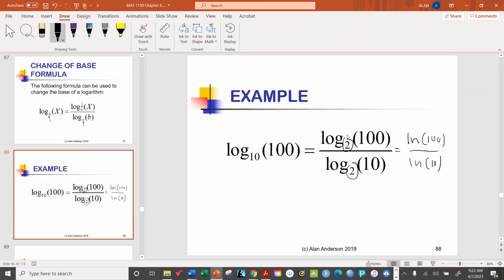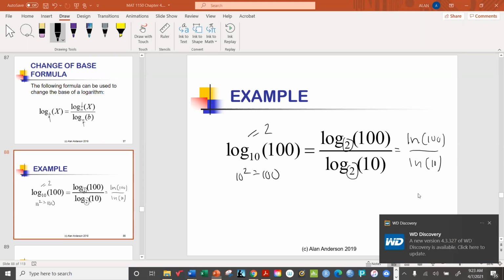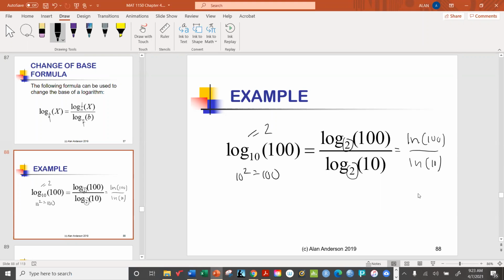Now, the reason why I wanted to mention that is because now we can confirm this on your calculator, which does not have log to base 2, but it does have the natural log. So first of all, over here, you know that this is equal to 2 because 10 squared is 100, but let's prove it. Why don't we go to our calculator and calculate log 100 and log 10 and prove that this works.